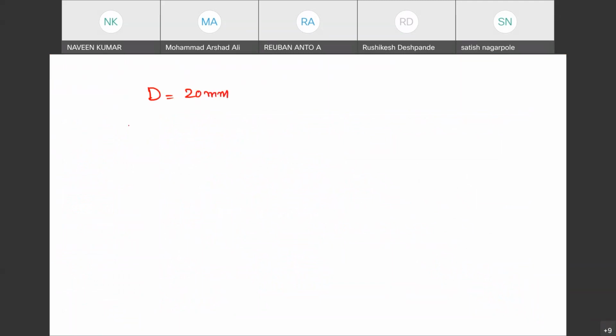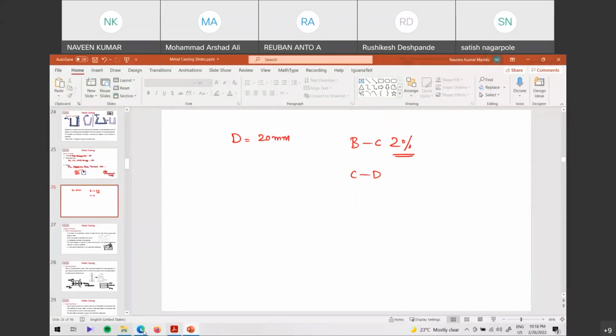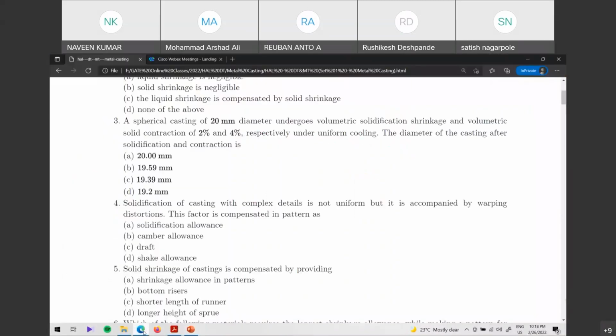Now, solidification contraction is 2%, and this is B to C, and from C to D they are saying how much? 4%, right? Let me see the question once. Yeah, 4%.